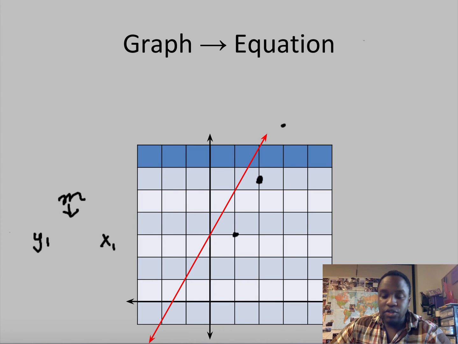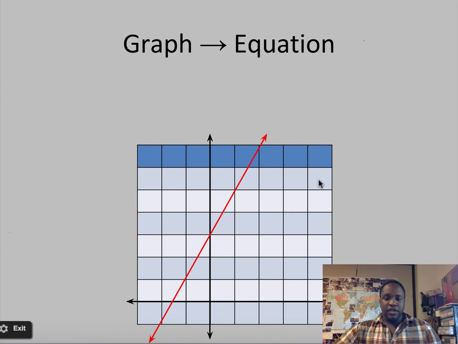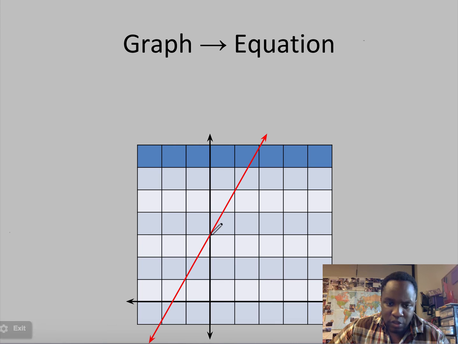Lastly, we're going to do 2 examples where we go from graph to an equation. So we have a graph here, and we can identify the slope, a point on the line, and the y-intercept. So let's start off by identifying the y-intercept. It crosses the y-axis here, which is 3. So we can say b, or the y-intercept, is equal to 3.